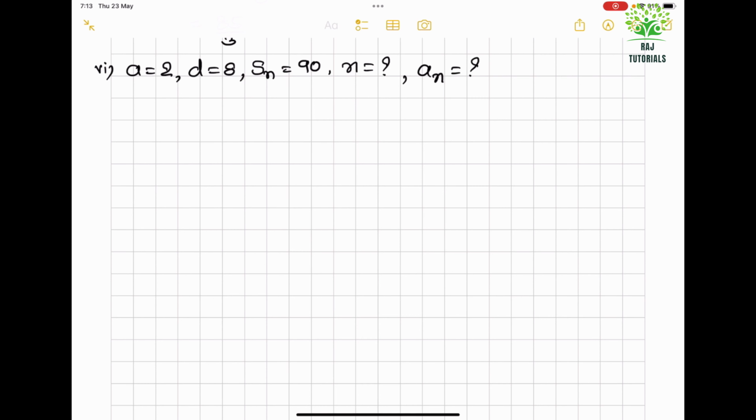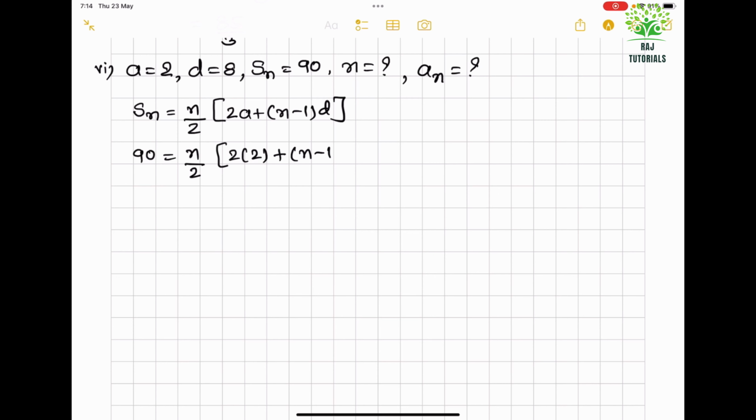So as we know, Sn equal to n by 2 into 2a plus n minus 1 d. So putting the values, 90 equal to n by 2 into 2 plus n minus 1 into 8.